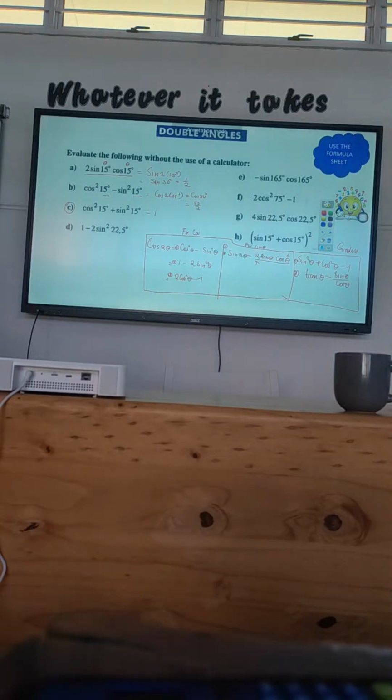Remember, use the formula sheet. Unfortunately, the ones from grade 11, they are not in the formulas.